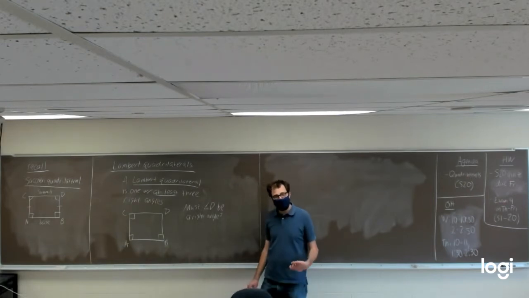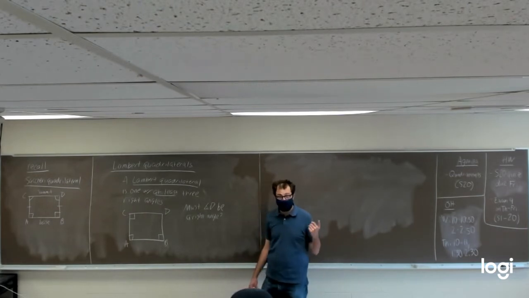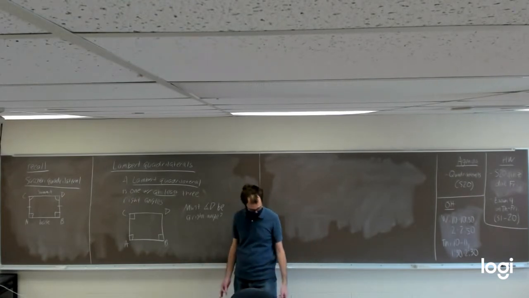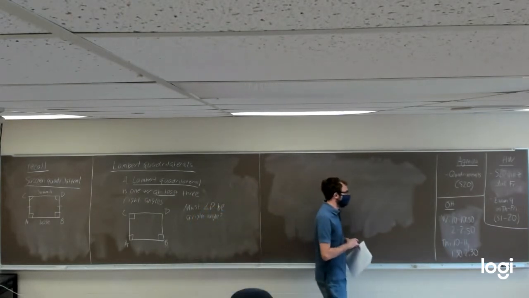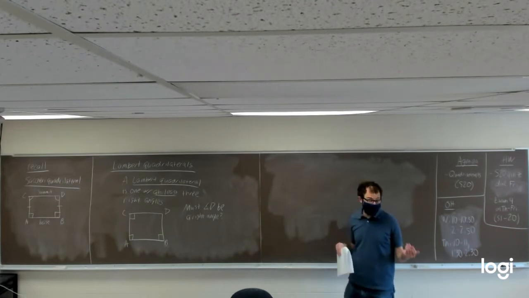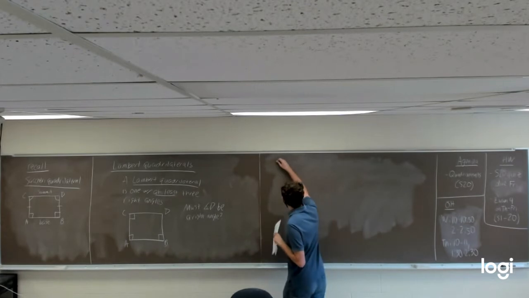Well, let's take a look and see how Lambert quadrilaterals differ in Euclidean versus hyperbolic versus elliptic geometry. So to start out, let's see if we can draw ourselves a Lambert quadrilateral with at least three right angles in spherical geometry.